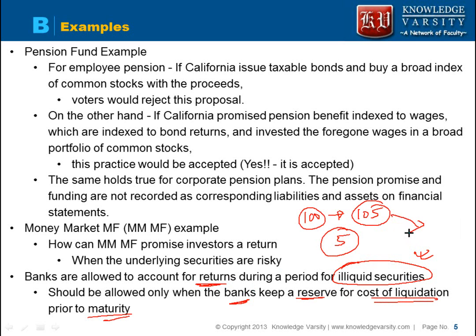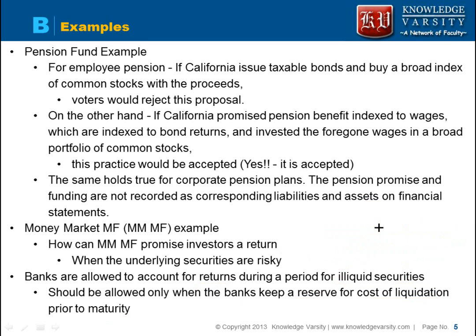But if you go to the market and sell this illiquid security you may get only 102, so you have to appropriately reduce these three. When you are making this profit you have to keep a reserve for the cost of liquidation, that is the idea. So you are allowed, but as per accounting it is not correct unless you keep a reserve, because liquidation reduces the valuation that you will get.